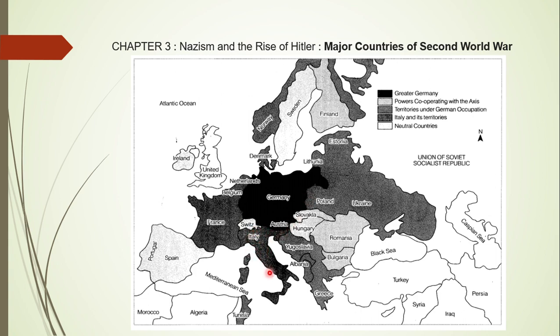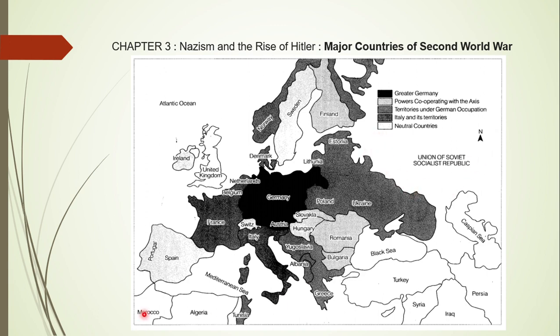Then this one is Italy, and in the map of Asia you will find the eastern part is Japan. Then again the United Kingdom here, France there, and Russia here, the Union of Soviet Socialist Republics, that is USSR, that we can see here.